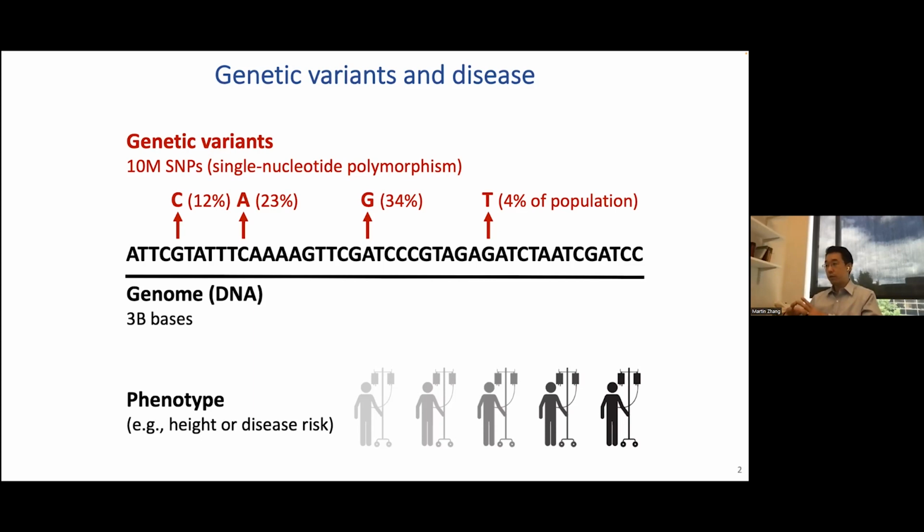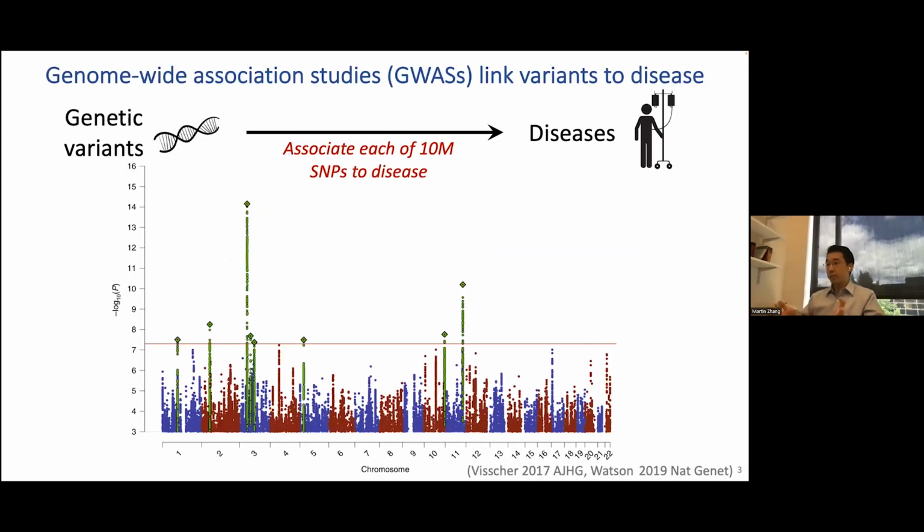The goal of the research in our lab is to, first of all, identify the causal genetic variants for those phenotypes, and second, try to understand the underlying biological and molecular mechanisms for those genetic variants. So we design computational methods for analyzing large-scale genetic data, and one of these data sets is called genome-wide association studies.